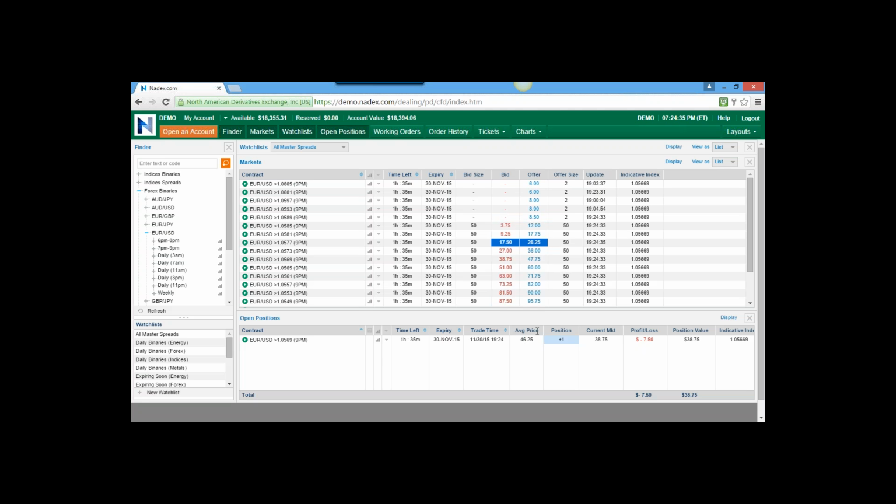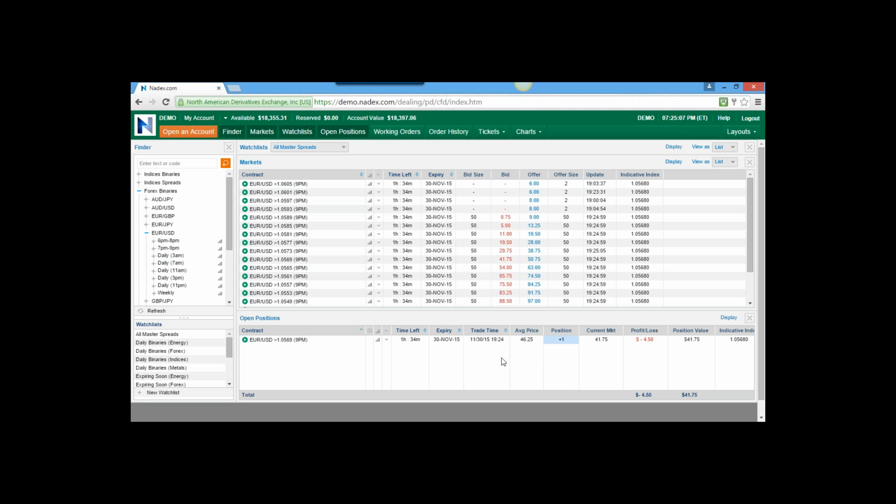But let's say as the market's moving up, this is now worth $66 and I'm up $20 of profit. I can exit early, take that $20 profit and go. I don't have to hold it all the way. Or let's say the market's going against me. I bought this for $46, but now this is only worth 20 bucks. I can get out early and lose a little bit instead of losing the whole thing. So yes, I can get out early either way.